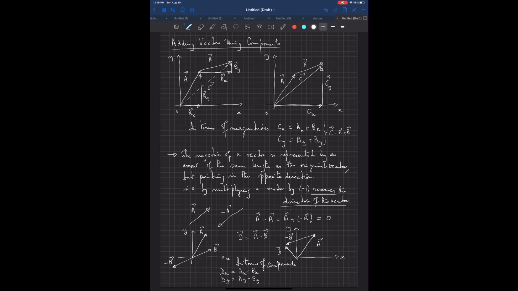All right? And so here you now understand how to add and subtract vectors, and this last thought is a critical element of one of the experiments that you're going to perform during the lab. Okay.